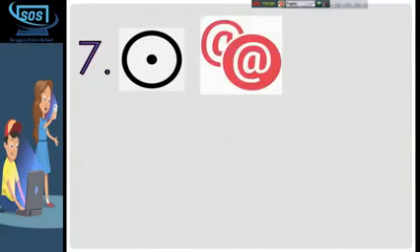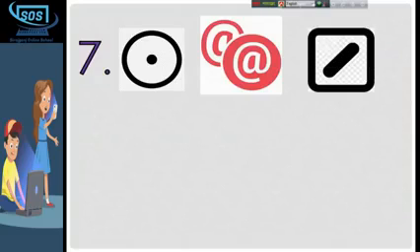Students, see three exceptional symbols. These are called digital punctuation marks. The first one is dot. The middle one is the at sign, which is read as 'at the rate of'. The final one is the slash. These three punctuation marks are used for our digital content.